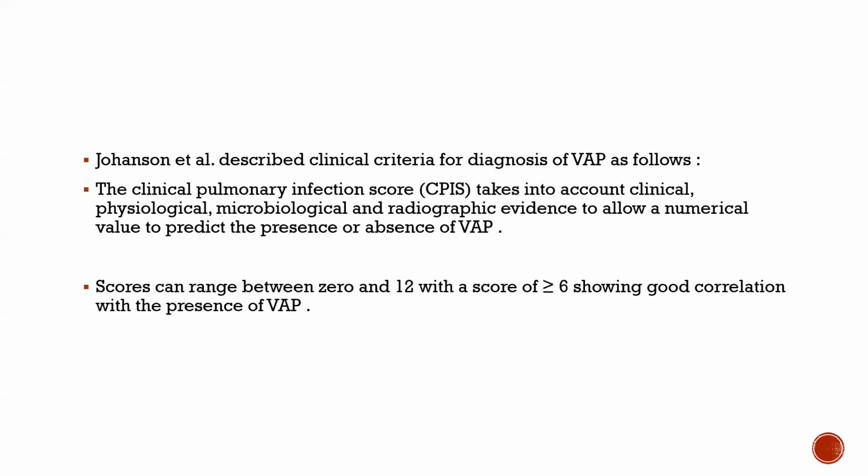The clinical pulmonary infection score takes into account clinical, physiological, microbiological, and radiological evidence to give a numerical value to predict the presence or absence of VAP. The score can range between 0 and 12, with a score of more than 6 showing good correlation with the presence of VAP.